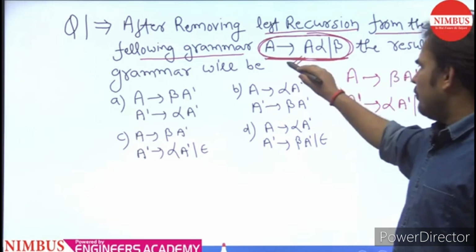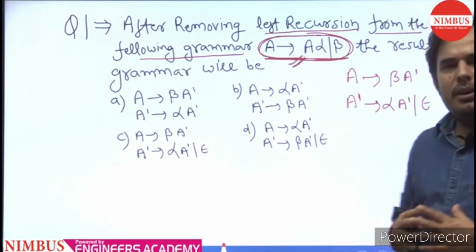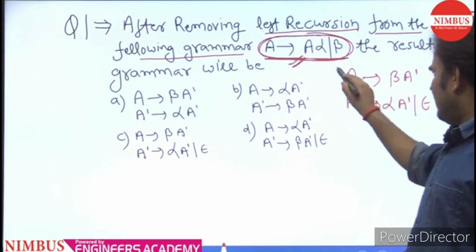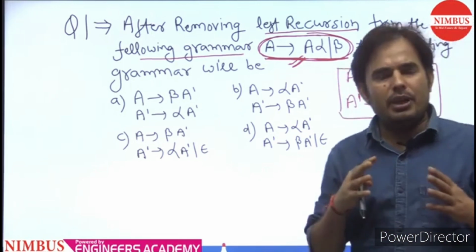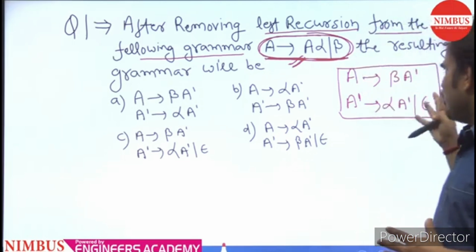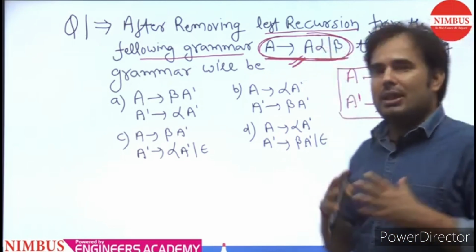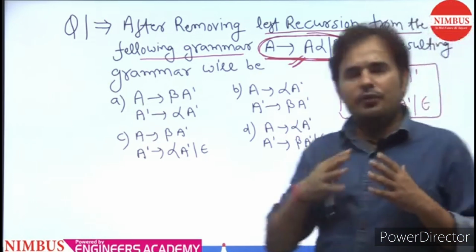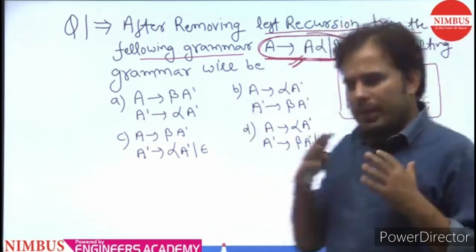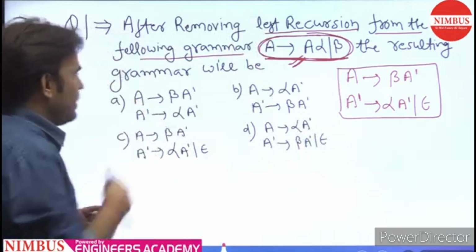So at the place of this production, we need to add these two new productions in the grammar. So when we add these two new productions at the place of this left recursive production, then the grammar is free from the left recursion. तो हमारी grammar क्या हो जाएगी? Free from the left recursion हो जाएगी.